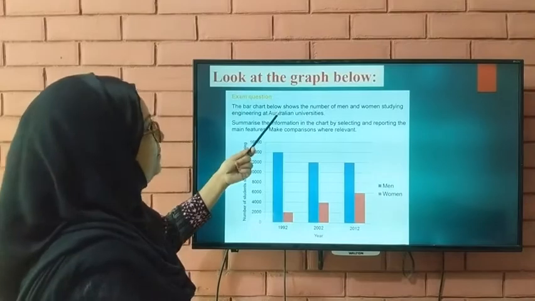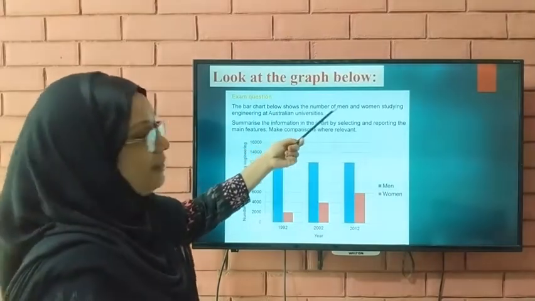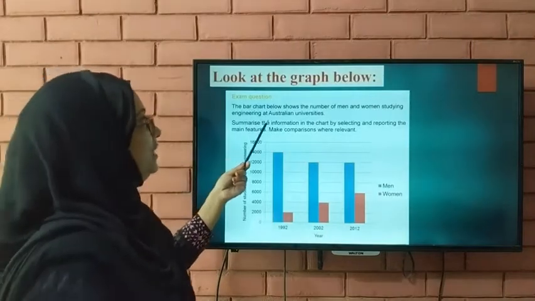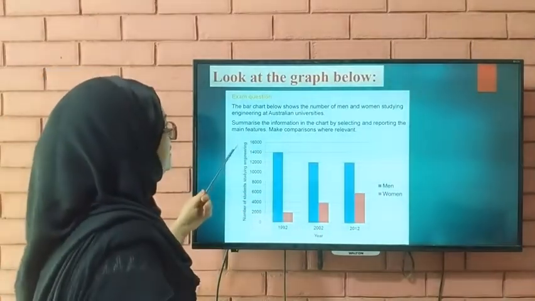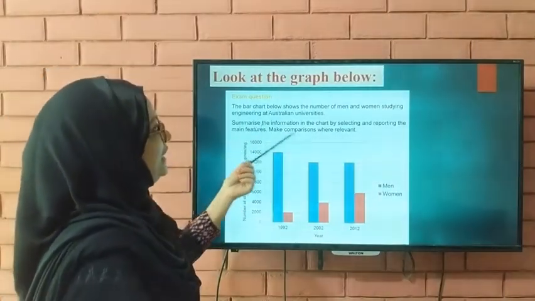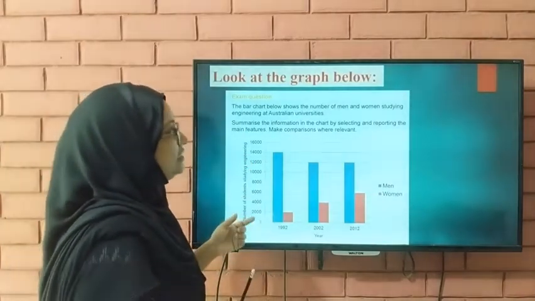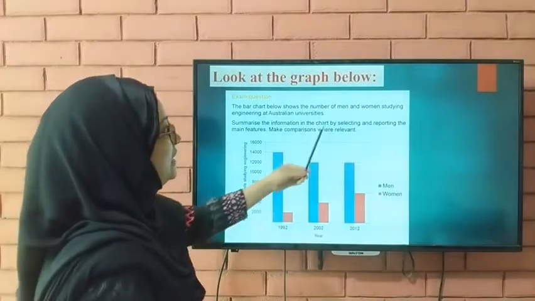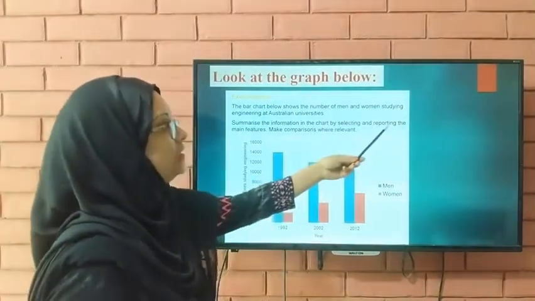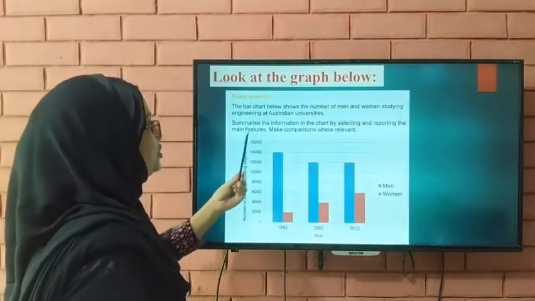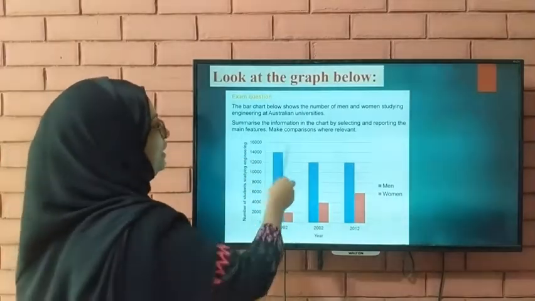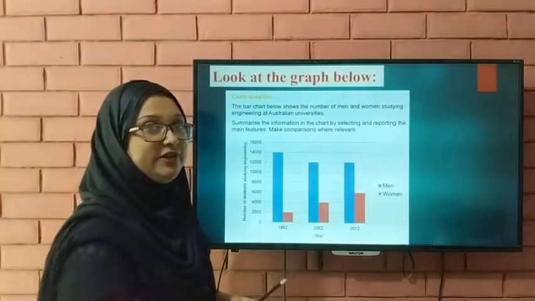The bar chart below shows the number of men and women studying engineering at Australian universities. Summarize the information in the chart by selecting and reporting the main features. This is your key word. Make comparisons where relevant.